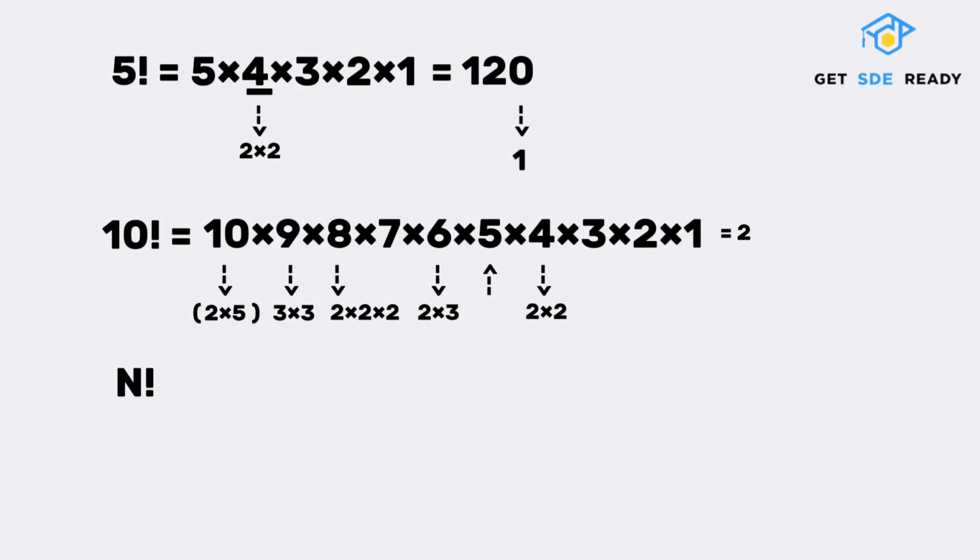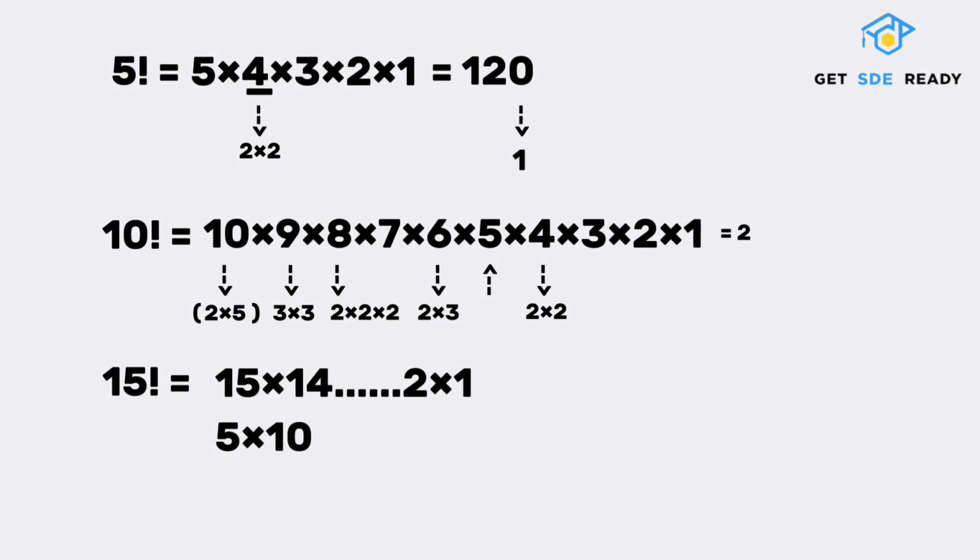So let us see it for 15 factorial. This is 15 into 14 till 2 into 1. How many factors of 5 are there? How many multiples of 5 are there? One is going to be 5, another one is going to be 10, and the next one is going to be 15. Basically, if I do 15 by 5, it would give me 3, right?